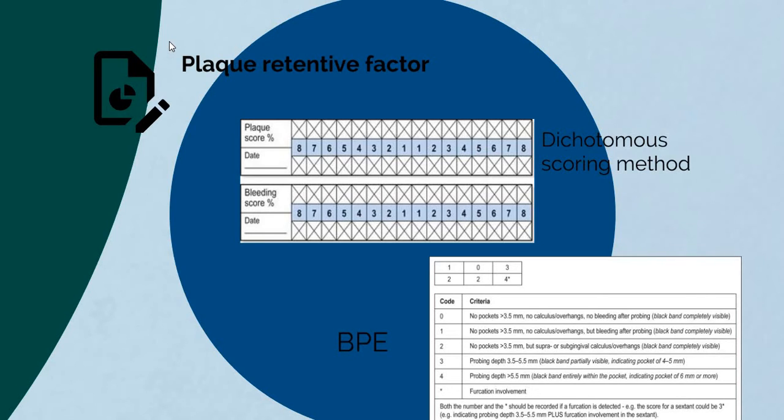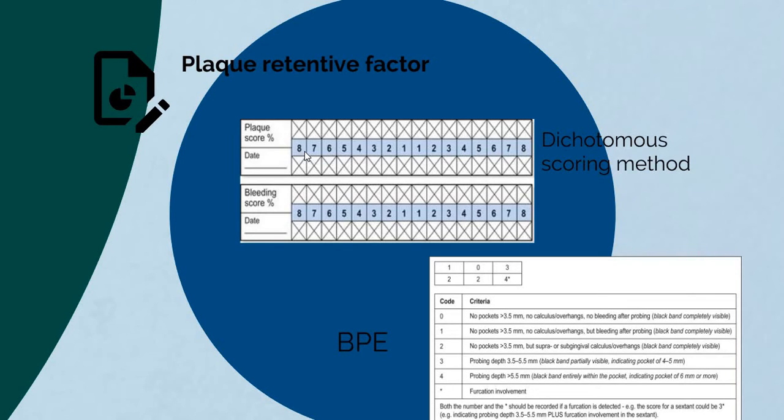and we should make a scoring method named dichotomous scoring method, scoring the plaque and bleeding at 4 or 6 sites of each tooth.